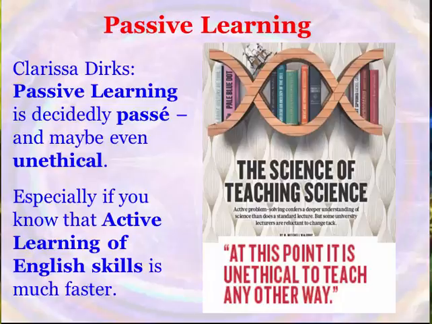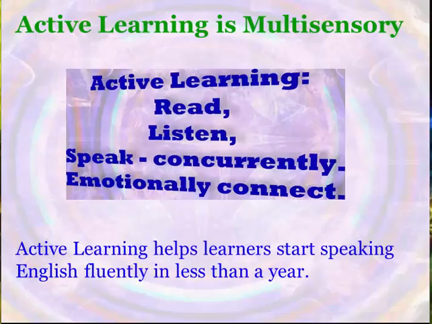She points to the body of evidence that students using active learning progress better, and told Nature News, "At this point, it is unethical to teach any other way, especially if you know that active learning of English skills is much faster." Active learning helps learners start speaking the new language fluently in less than a year.